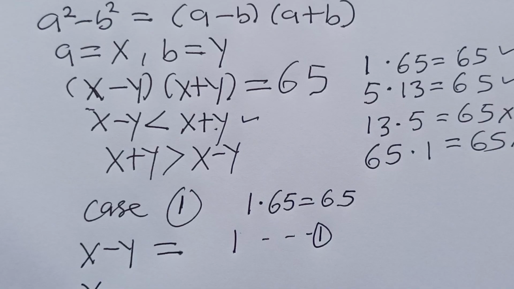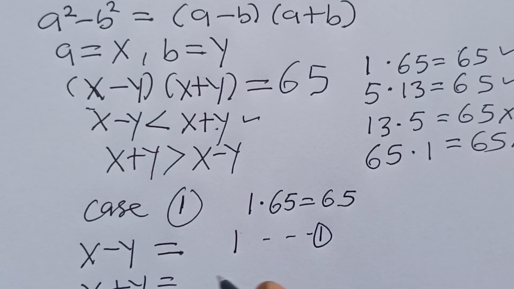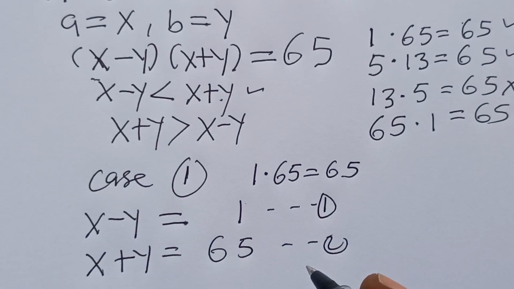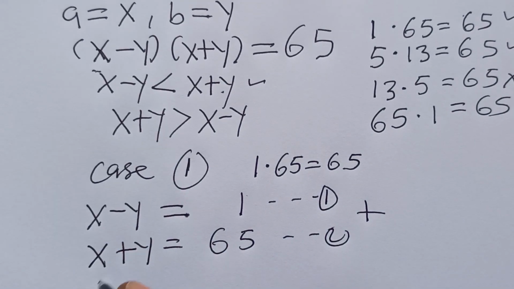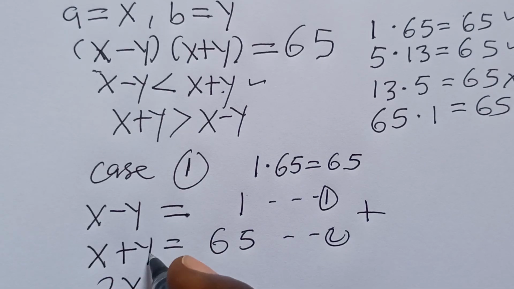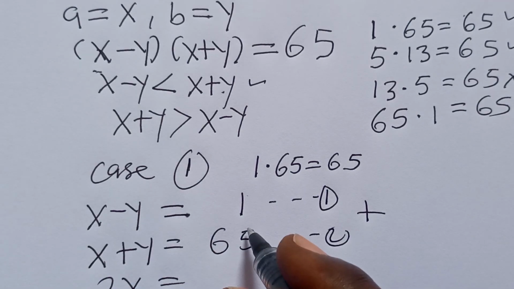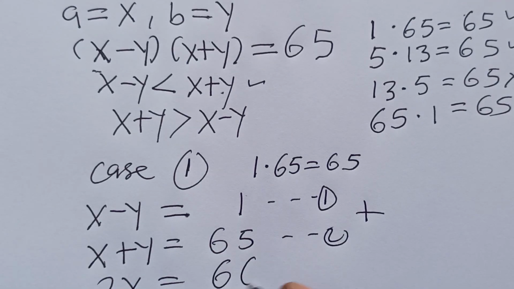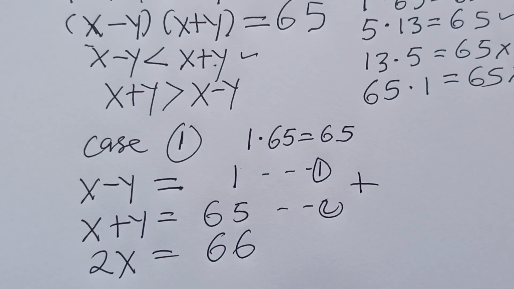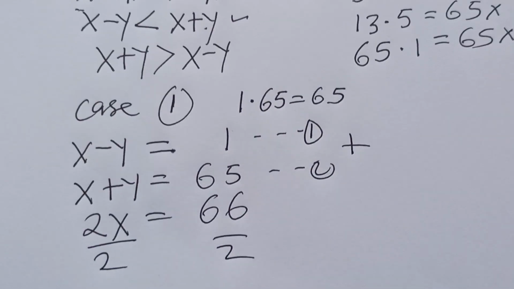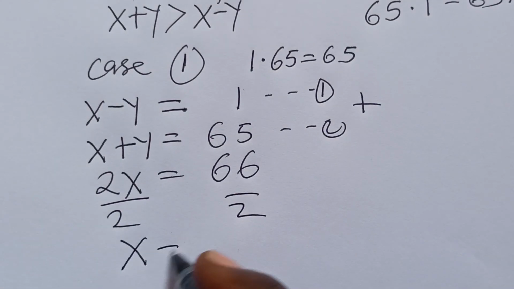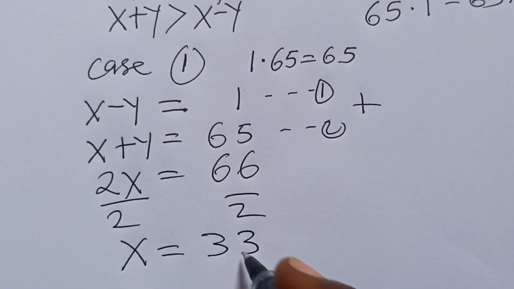Then our x plus y is equal to 65, let it be our equation 2. So adding 1 and 2, we are going to have 2x, because minus y plus y is 0, equals 1 plus 65 is 66. So now dividing both sides by 2, we are going to have our x as 33.